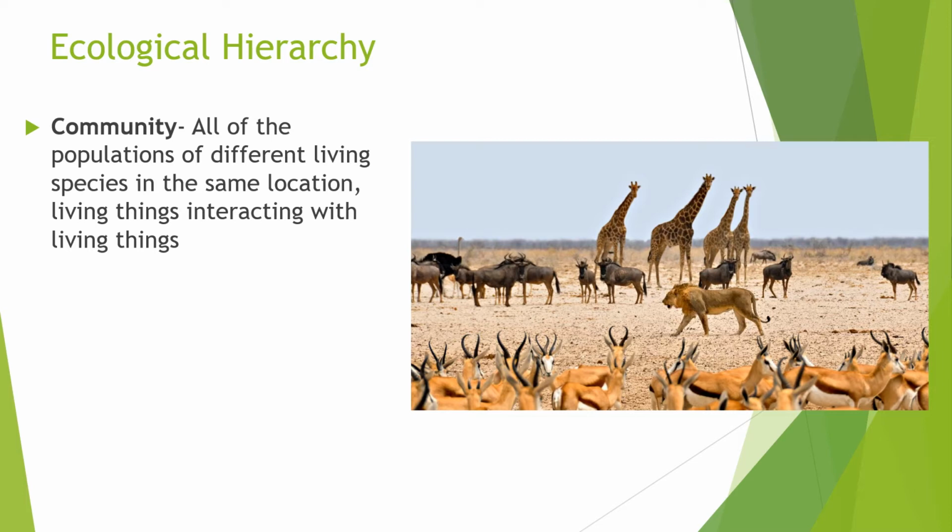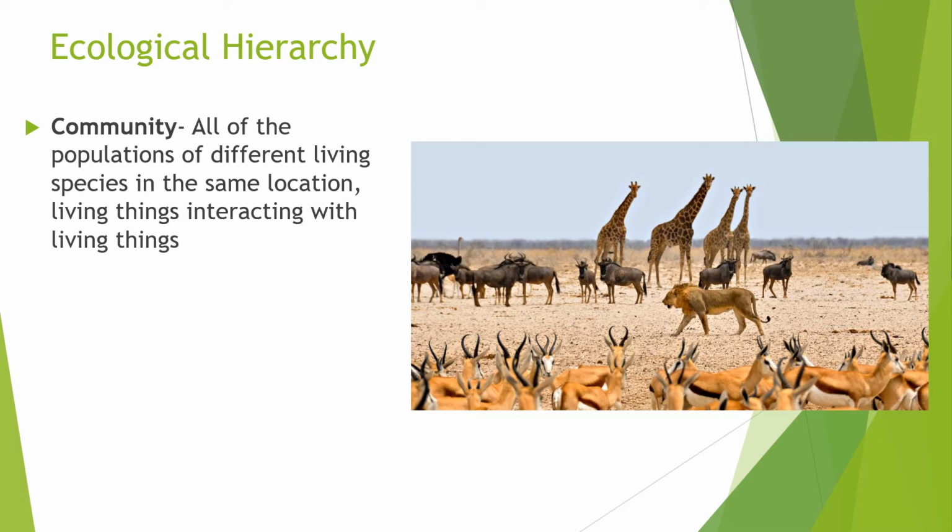So how the reticulated giraffes interact with the common wildebeest, or how the lion interacts with the Thompson's gazelles, or how the one lonely ostrich in the image interacts with any of the species already mentioned. So it's living populations interacting with other living things and other populations.